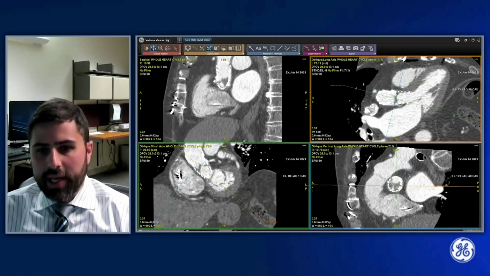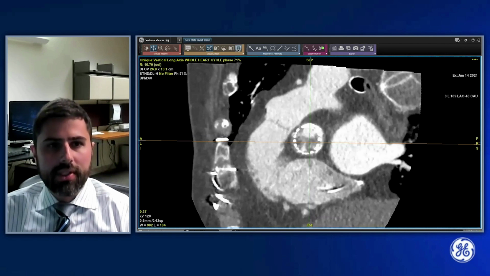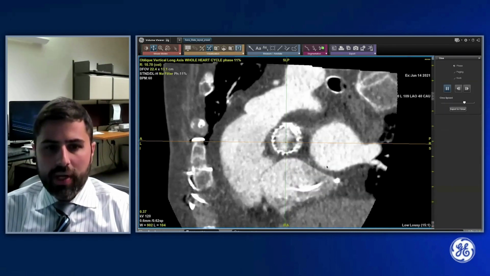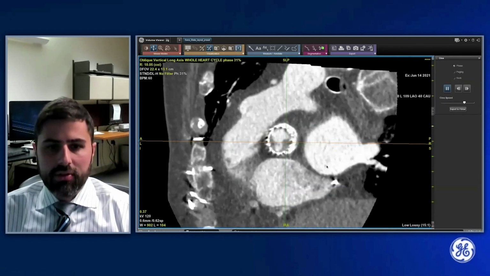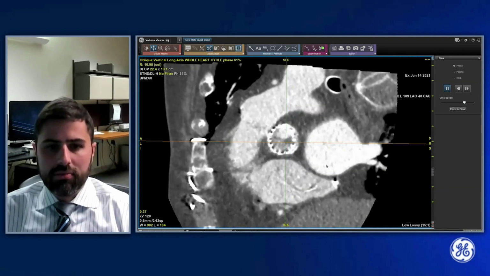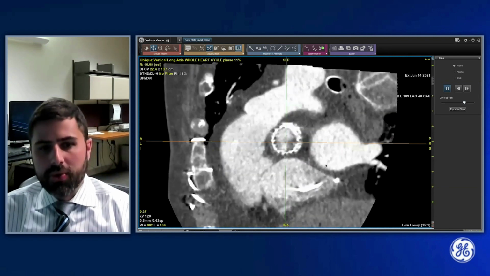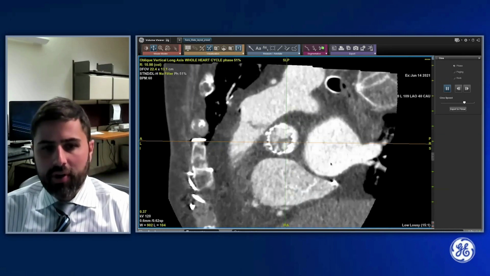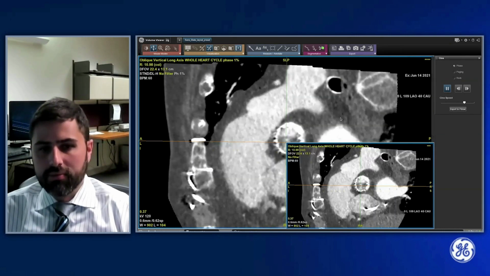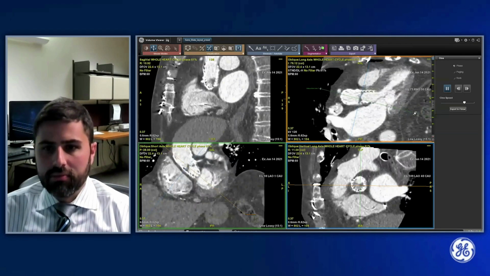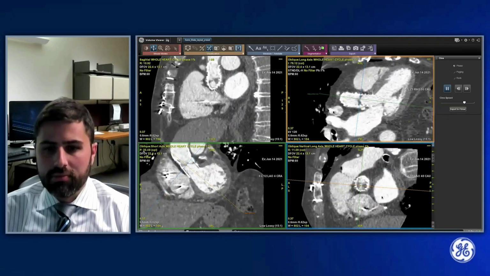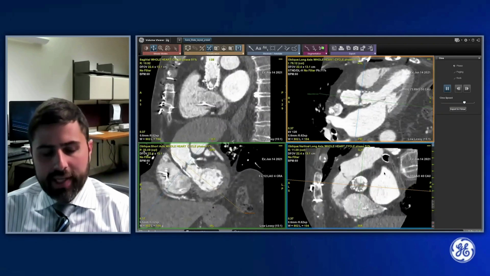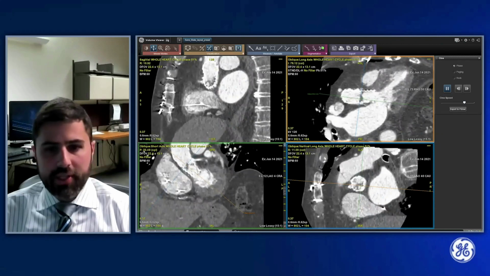And we can play the cine imaging in the short axis, which shows decreased excursion, particularly involving those two leaflets, which is the likely explanation for the gradient elevation of this patient.